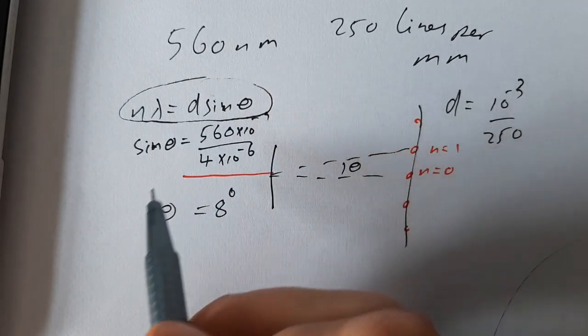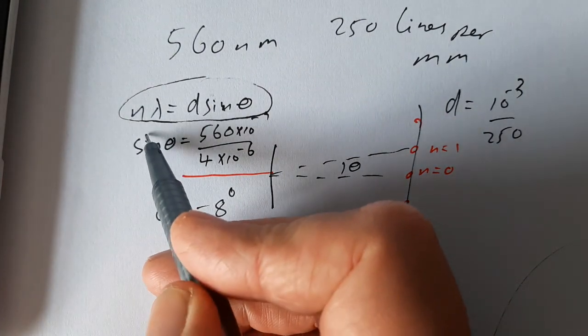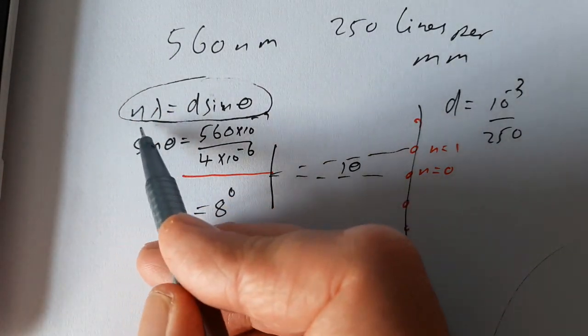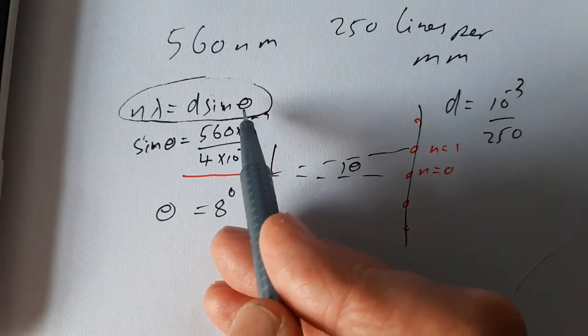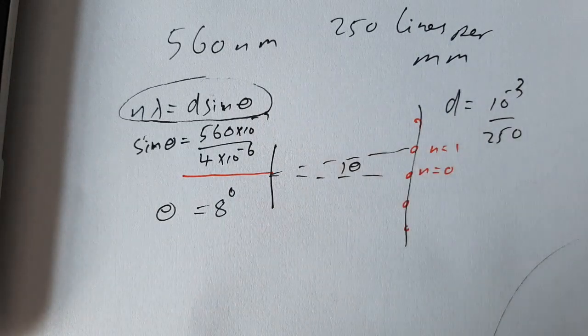But sine theta is a very special function, isn't it? Sine theta can only vary between -1 and +1. So that puts an upper limit on how big n can be. So you're going to find your maximum value of n. You use either your maximum angle of 90 degrees to give sine theta is 1, or you just remember the maximum value of sine theta is 1.